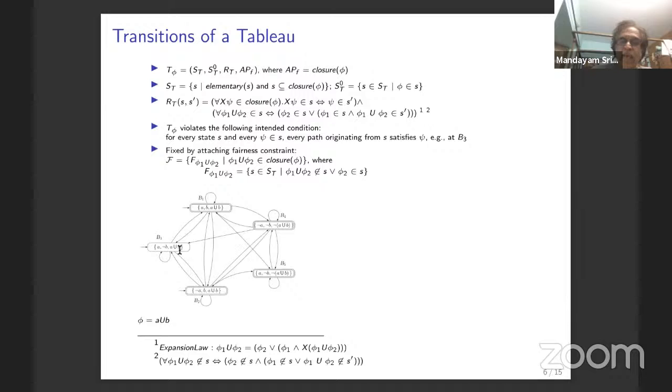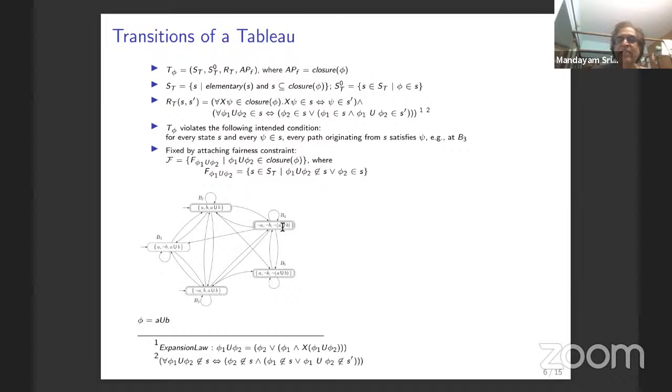So whenever you have a liveness kind of requirement, for it to be true you will have to first visit a B state, which is true for B1. After that, you're permitted to loop around in B4, that is fine.